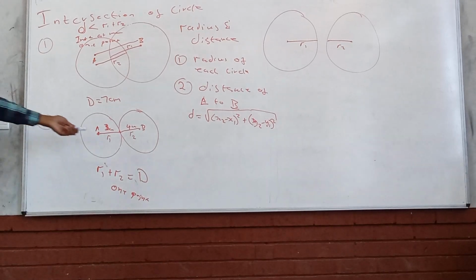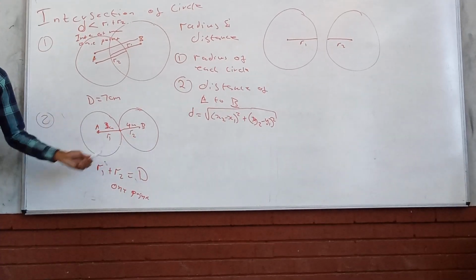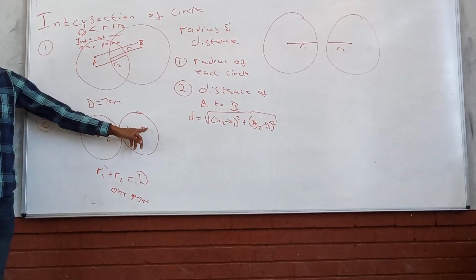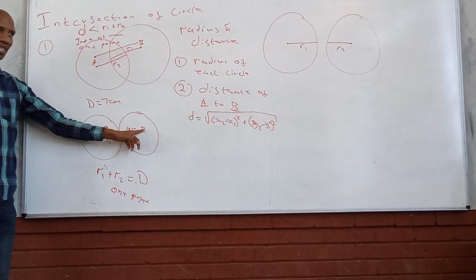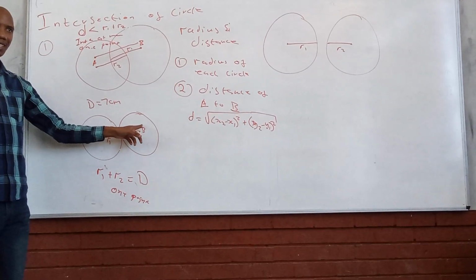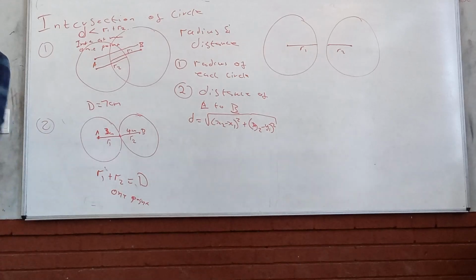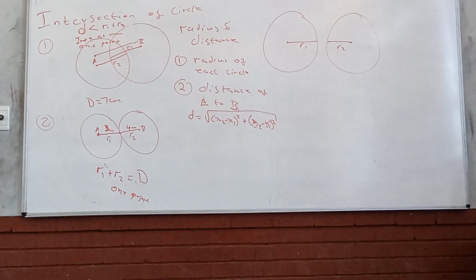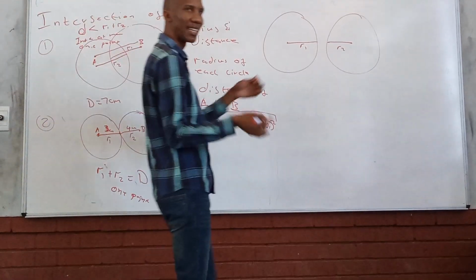But with the other one, the distance and the sum were exactly the same, so it intersects once. If the distance is less than radius 1 plus radius 2, it intersects two times. Based on that information, you can get a conclusion.